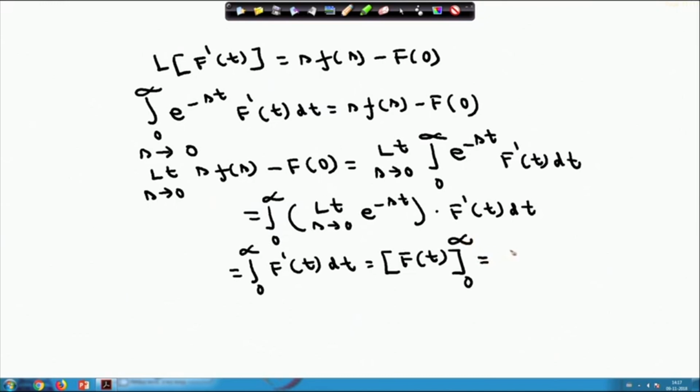Now, this is f(infinity), that means the limit as t approaches infinity of f(t), the value at the upper limit, minus f(0) for the lower limit.